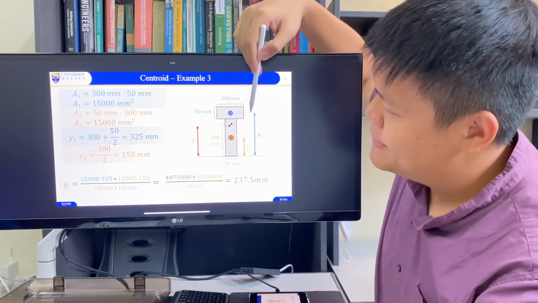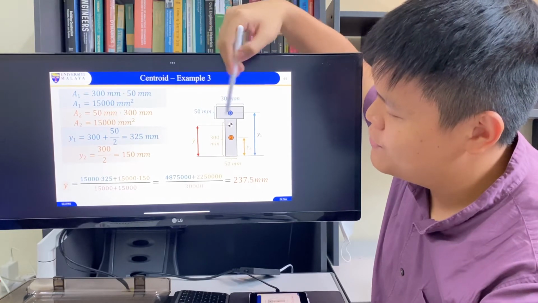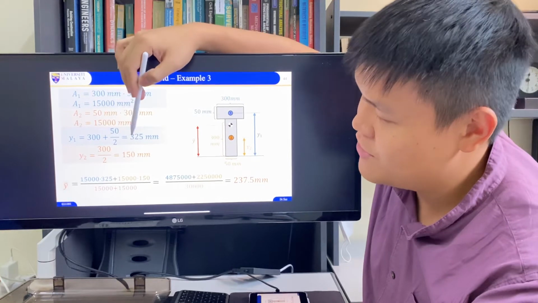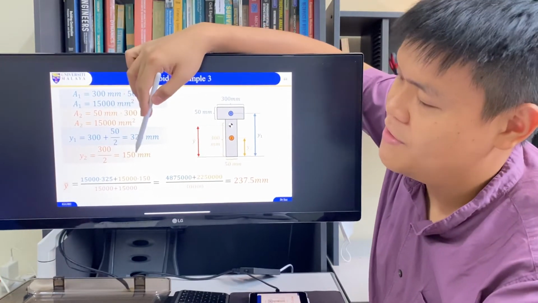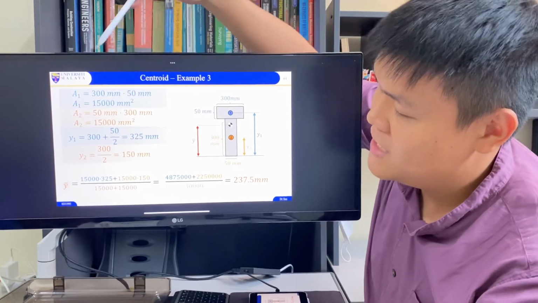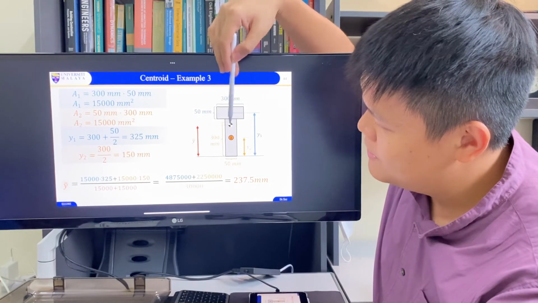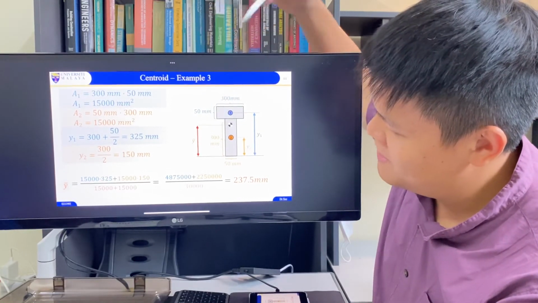So it's half of this height, 50 divided by 2, plus the whole of this 300. That's why you get this. So we get 325. Now y2 is simply 300 divided by 2, which is 150. Plug all of these into the equation, and you'll get y bar equal to 273.5. So it's going to be somewhere in the middle there.